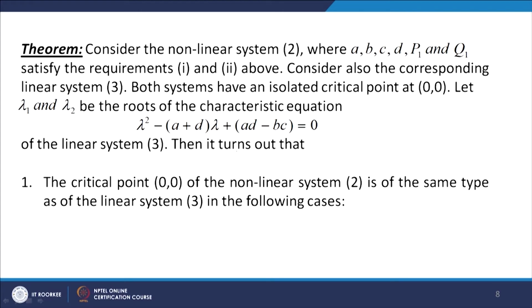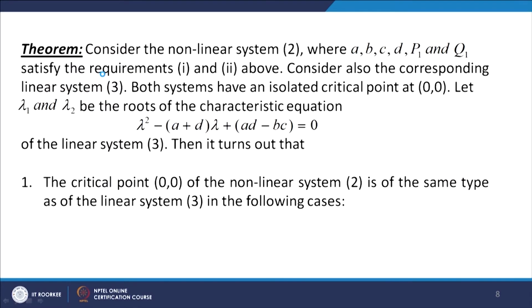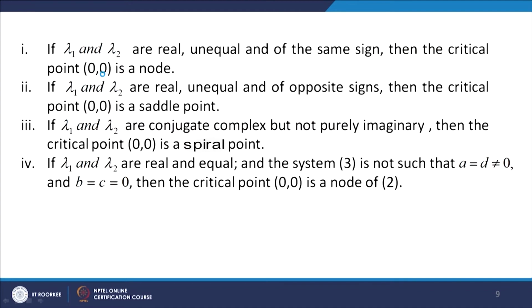Then it turns out that the critical point (0,0) of the non-linear system 2 is of the same type as that of the linear system 3 in the following cases. If lambda 1 and lambda 2 are real, unequal and of the same sign, then the critical point (0,0) is a node. We know that for the linear system 3 this is so, and the same is true for the non-linear system.